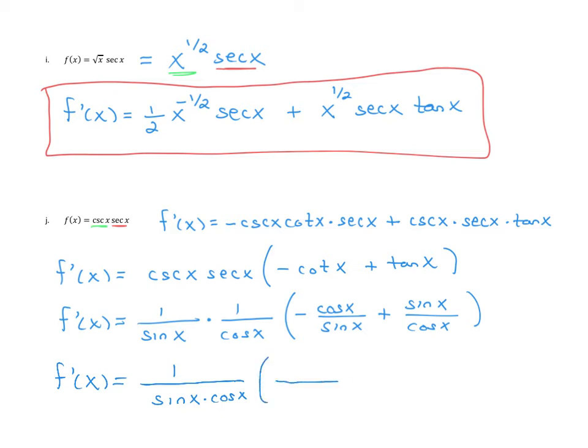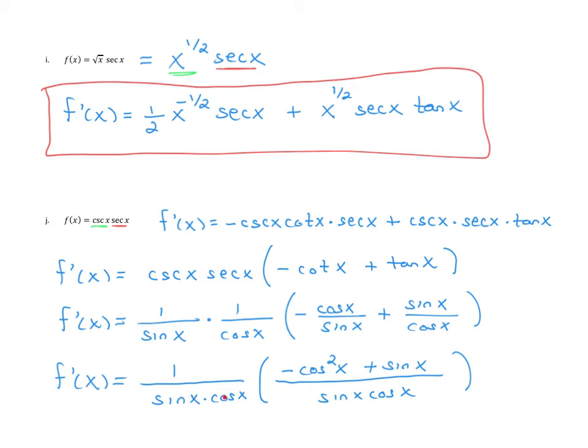Here we're going to have a common denominator of sine x cosine x, and the numerator is going to be negative cosine squared because we were multiplying in a cosine. And then over here we're multiplying in a sine, so I'll put plus sine x. And we get this. We could now multiply this into here.